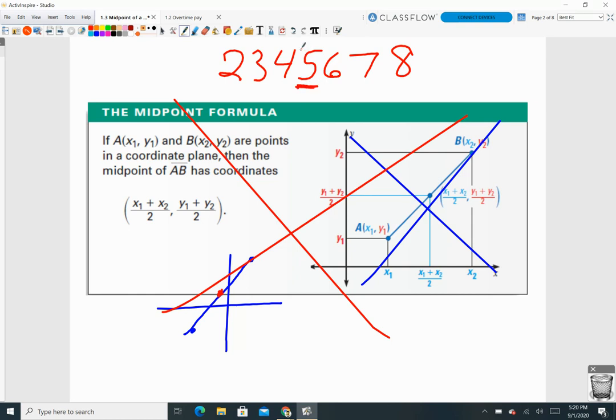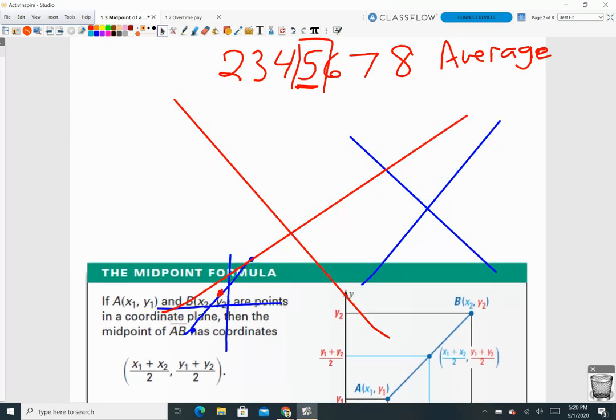Or an easier way to do it would be to find the average. An average of two numbers is the number that's exactly in the middle. So what I could have done is just take my beginning number and my end number, add those together, and then divide by 2.